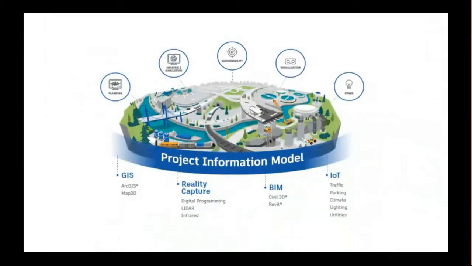Ultimately, what if you could bring different types of information together? Geospatial data, creating information from a model. From that model, you can form a basis for planning, analysis and simulation, sustainability, and also visualization.